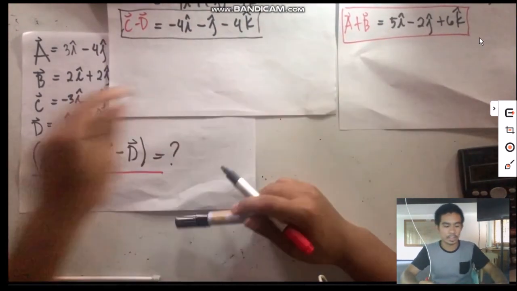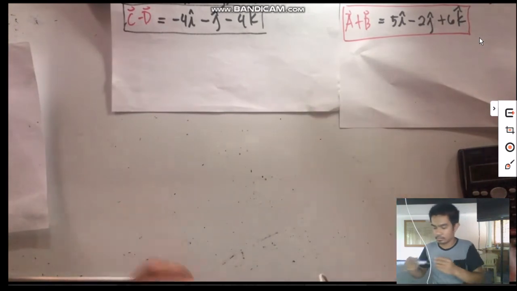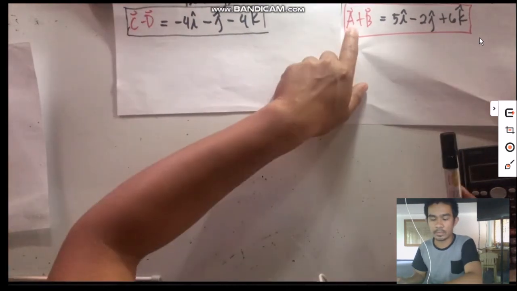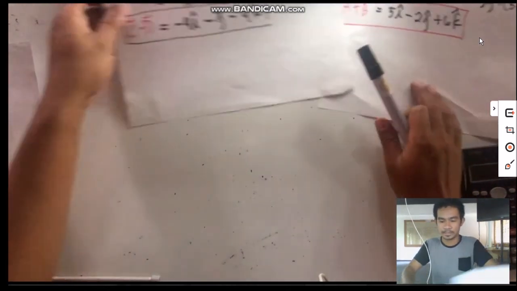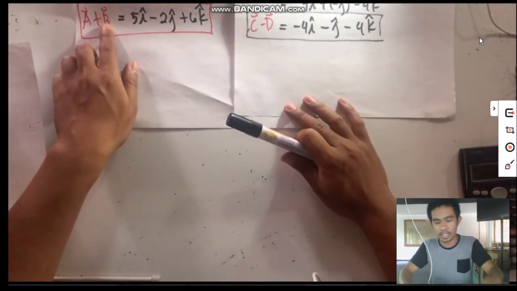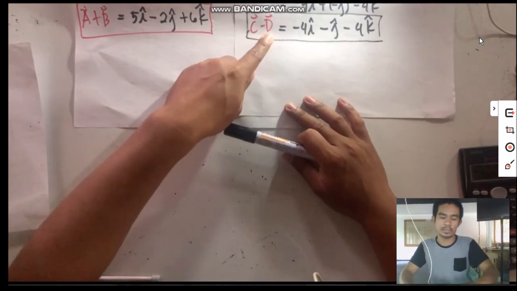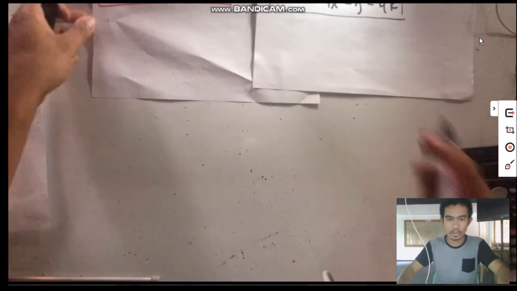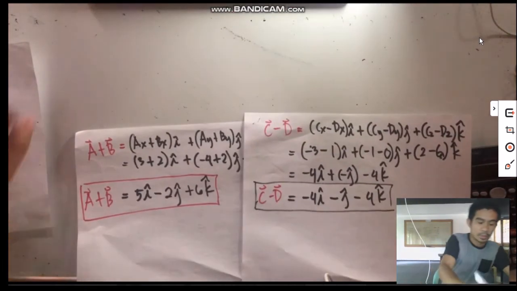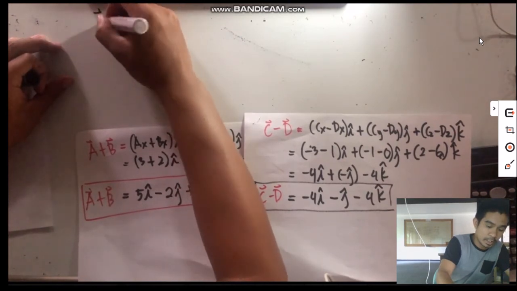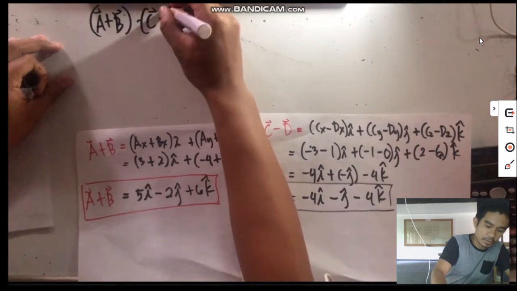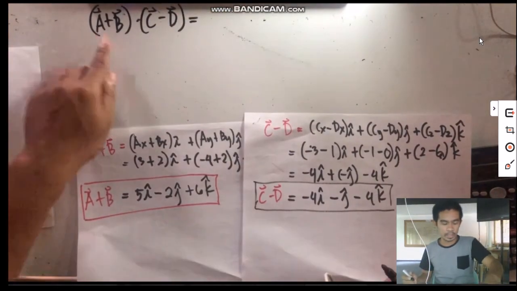Alright, so let's get started. Let's find the dot product of vector A plus vector B and vector C minus vector D. So we have vector A plus vector B dot vector C minus vector D equal to, what is the x component of A plus B?